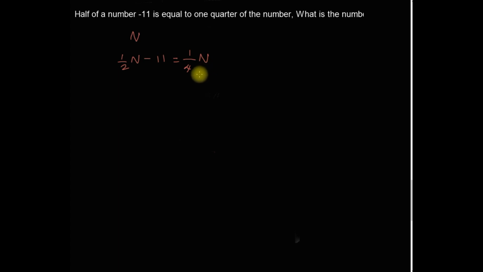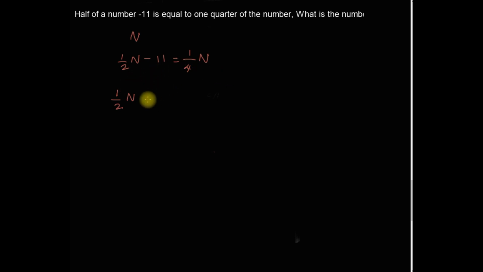Now we need to have every term that involves n on the left hand side of the equation and all the known terms on the right hand side. And the way we do that, we move terms from one side to the other, mindful of the fact that the signs will change. So here on the left hand side, I have half n, which remains here. 1/4 of n, I bring from the right hand side to the left hand side.